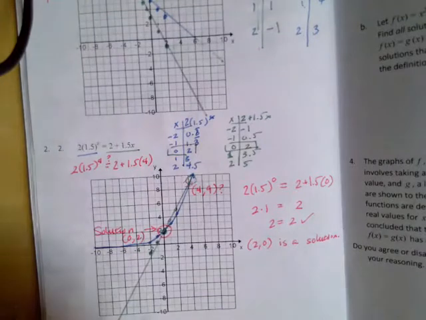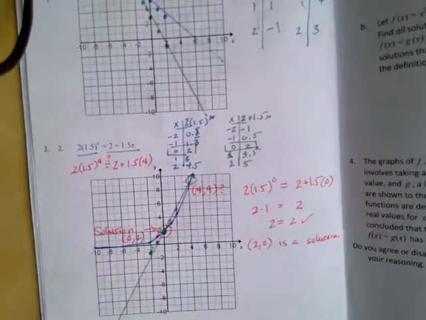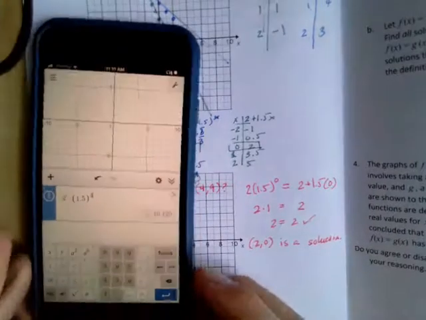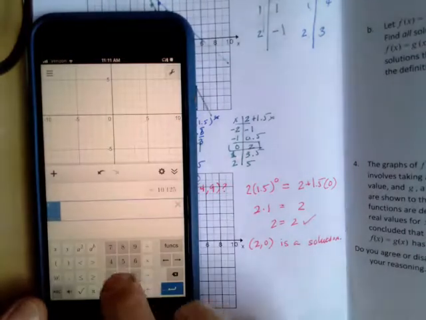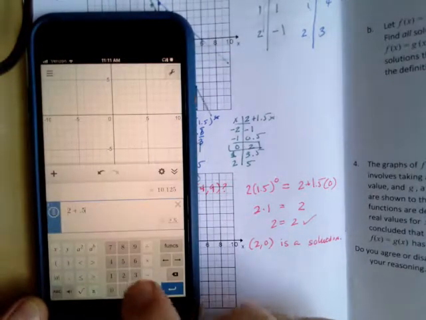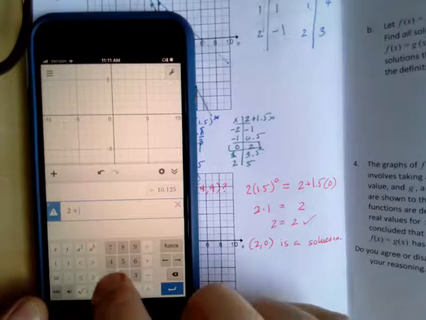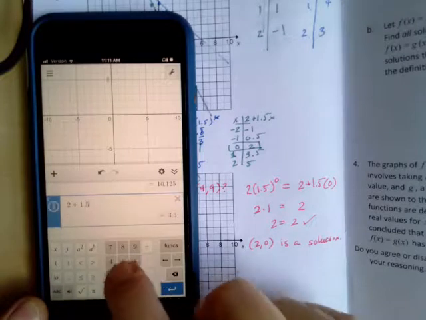I'm going to type that into my handy dandy Desmos. So that's 10.25. And then 2 plus 1.5 times 4 is 8. So that doesn't work at all.